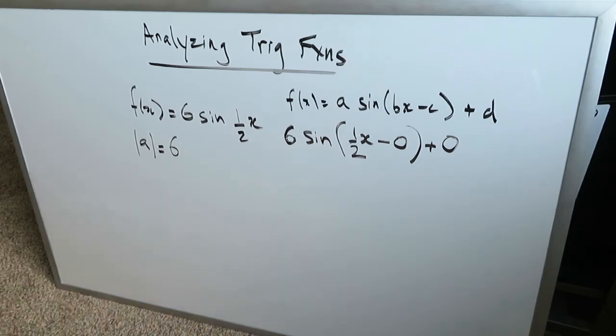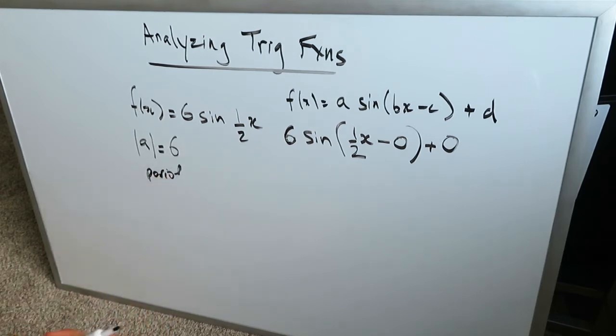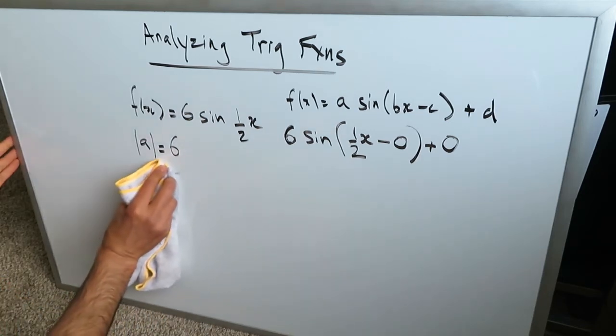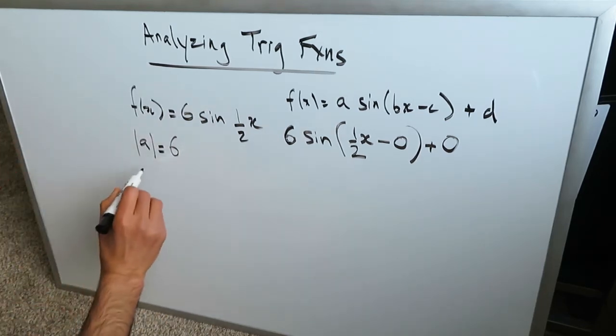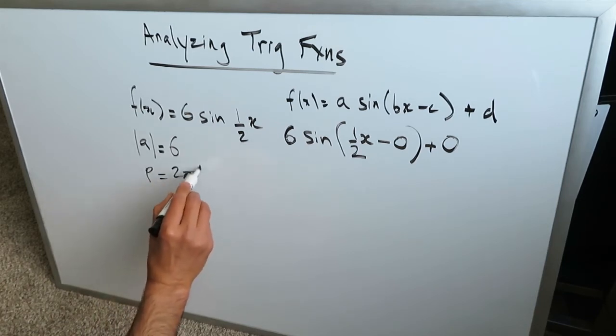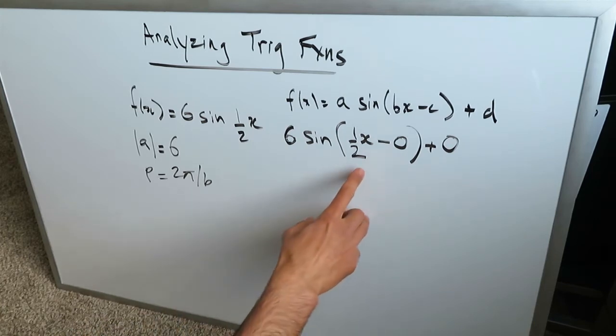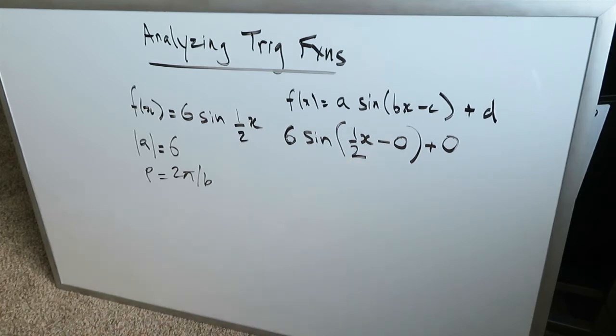The next item we want to be looking at is the period. For the sake of brevity from now in this example we'll abbreviate period as just p. P for period. And you know the formula for period is 2 pi over b. I do have a b value over here, don't I? I have a b value over here which represents a half.